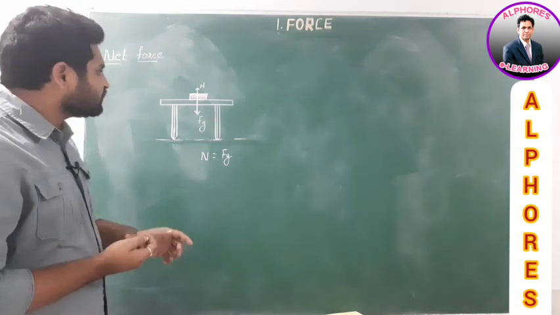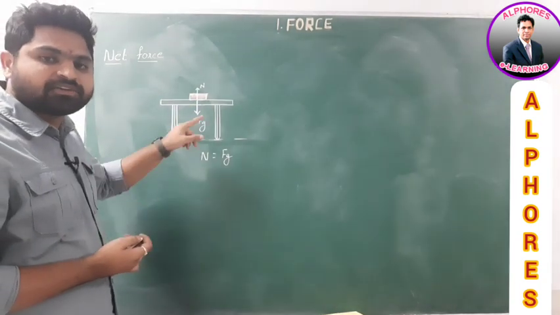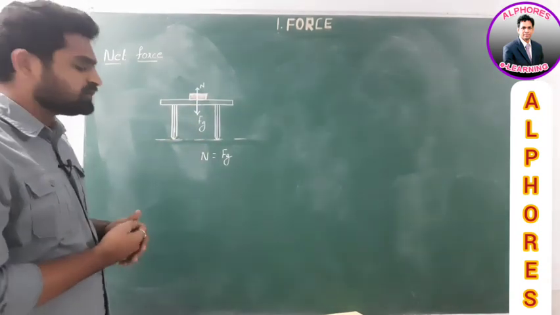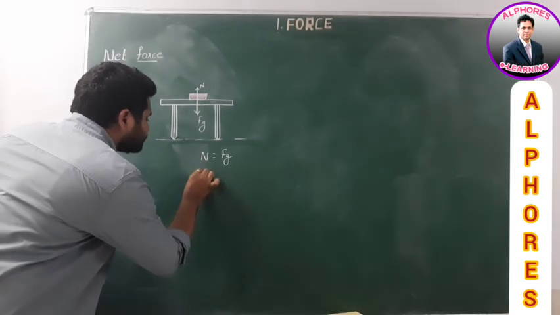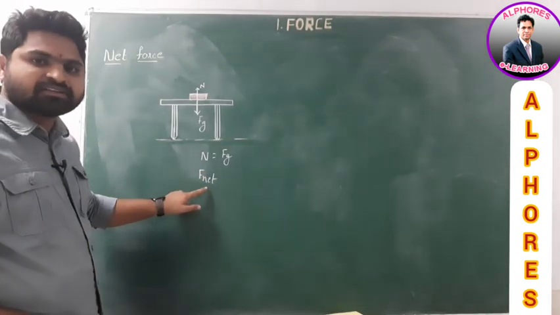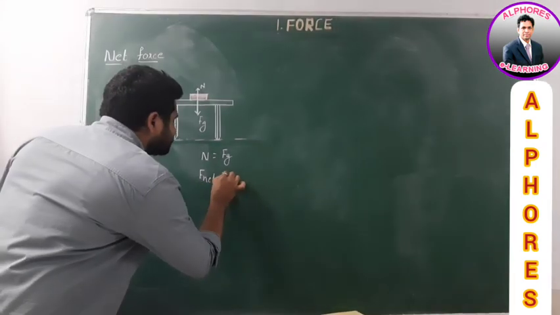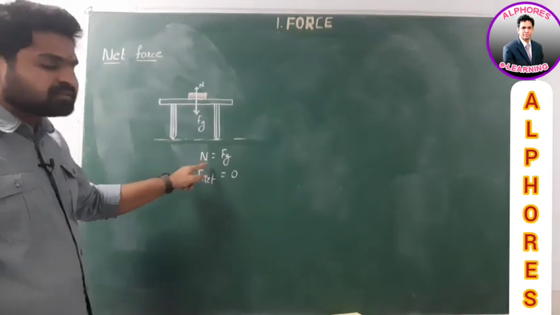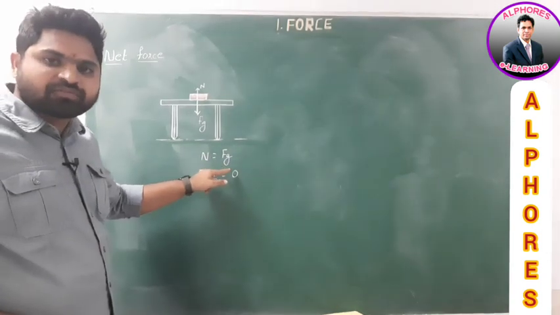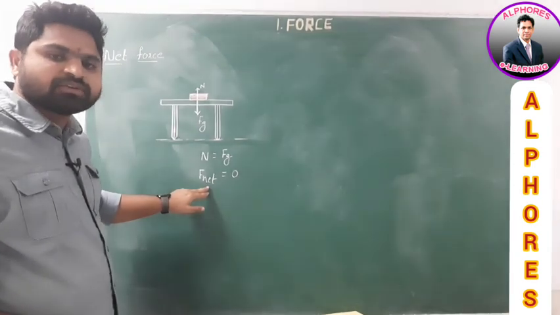The resultant force, the net force acting on this body, is nothing but 0. So net force, F net, is equal to 0. As normal force and force of gravity are the same, the net force is 0.